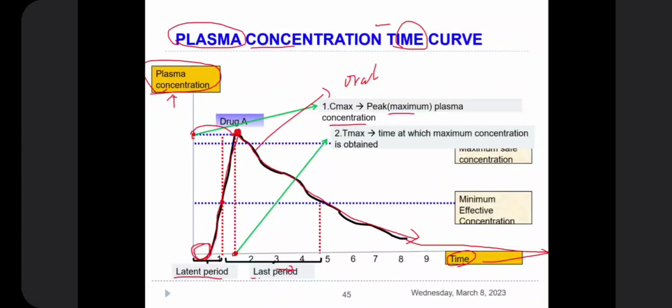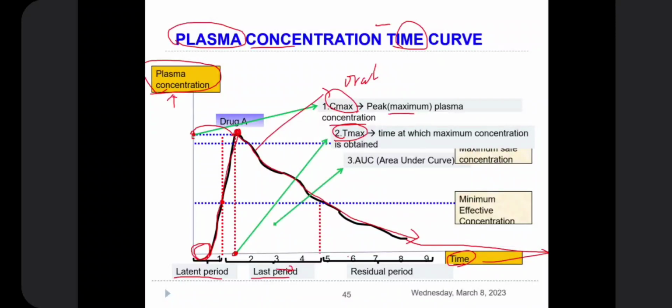So this time is the last period, and the next one is the recovery period. Here we use Cmax and Tmax to describe the extent and the rate of bioavailability.